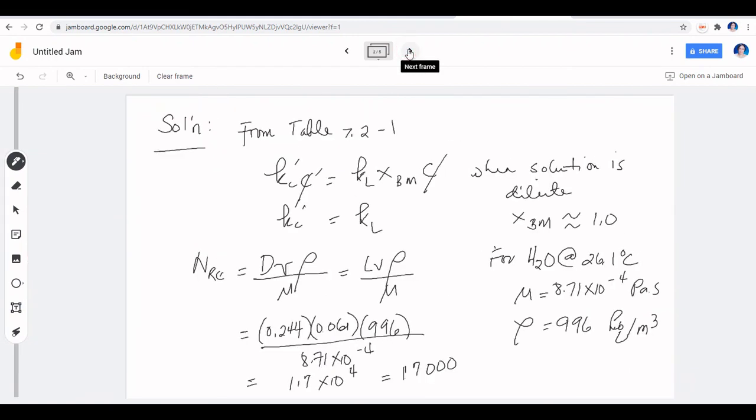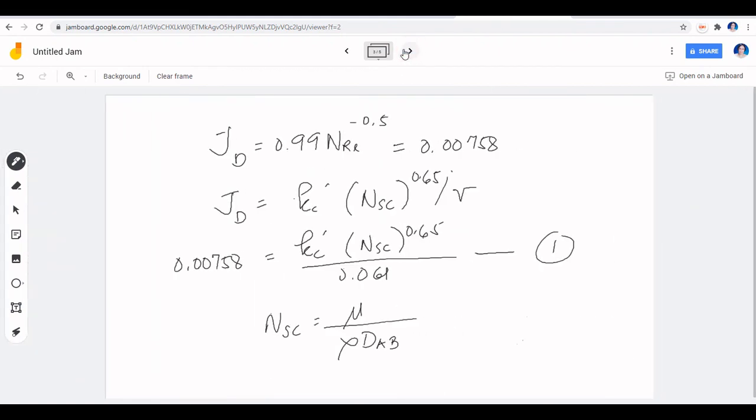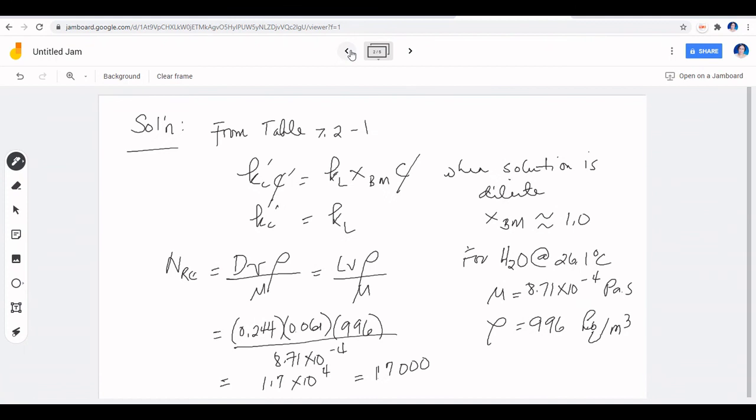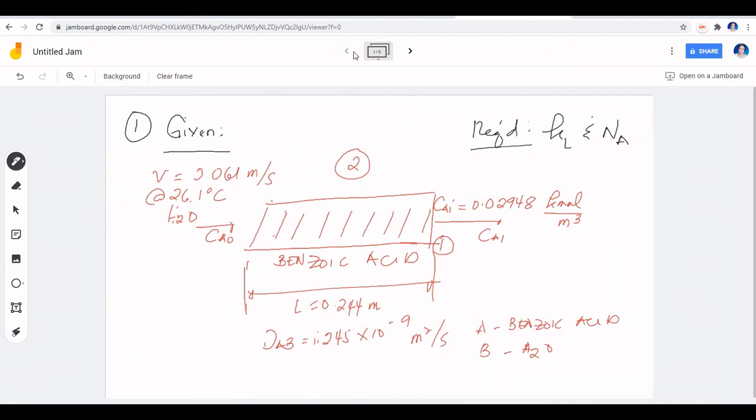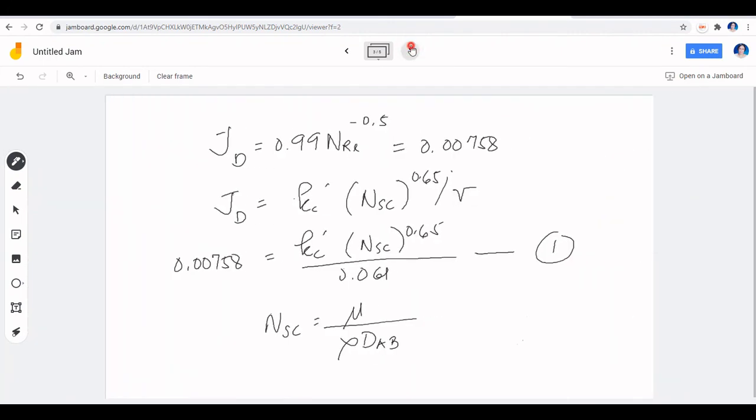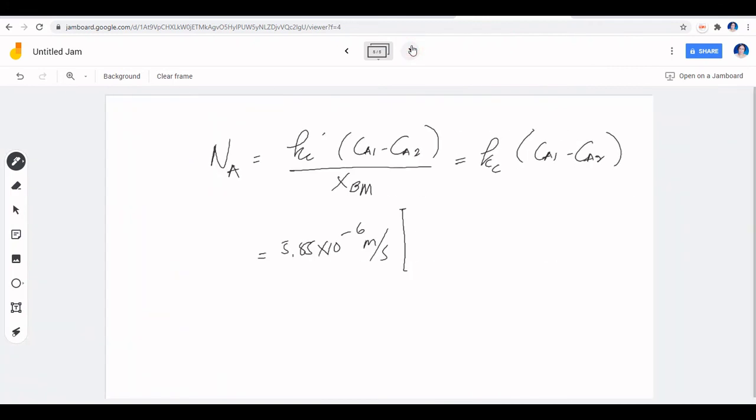So our concentration there of benzoic acid is given based on the statement that its solubility, the term that was used in the problem, is 0.02948. This is also the concentration at the interface. We view that as the concentration in the interface. So we will substitute that in here.